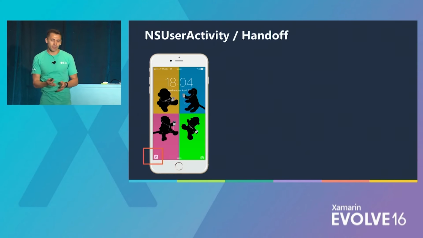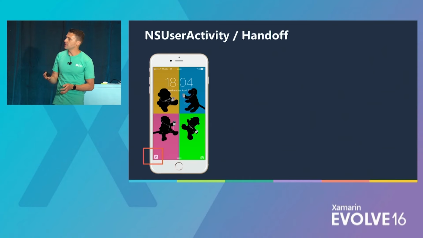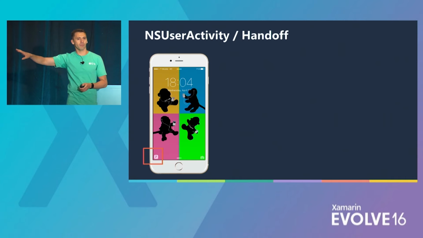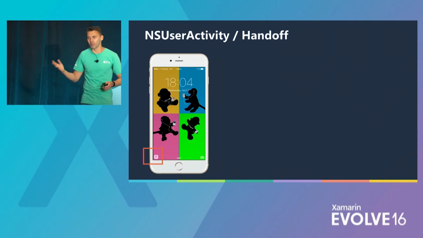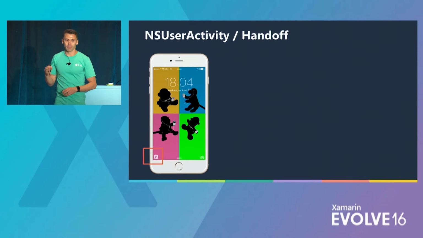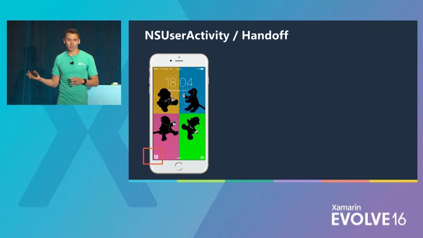The next one is kind of related, NSUserActivity and Handoff. So everyone's seen this little icon appear in the bottom left of their iPhone and wondered why it's there. What prompted that? There's a number of different things, including beacons, geolocation, reminders, other people nearby you.